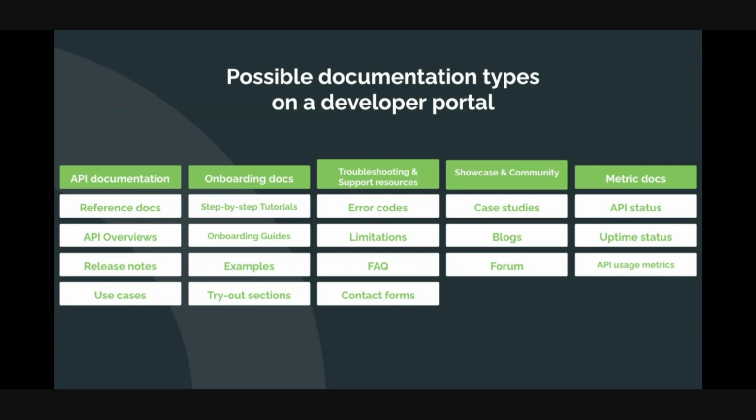Clear troubleshooting and support resources help users resolve issues efficiently, while showcasing community content demonstrates real-world impact and engages the community. Metrics docs provide, for example, status, uptime, and usage data, helping users monitor performance. As your project grows, you will need to diversify and improve documentation to meet evolving user needs, delivering the right information at the right time.